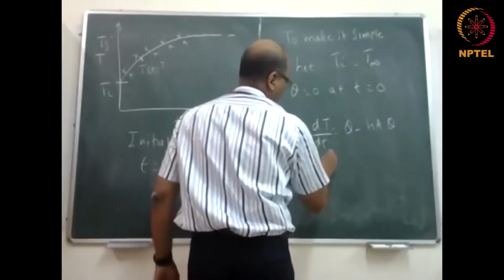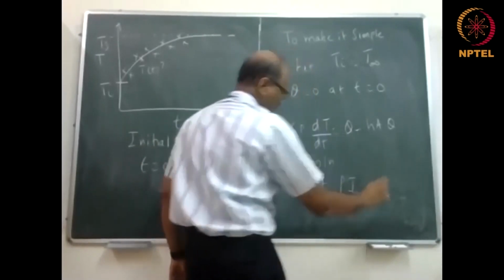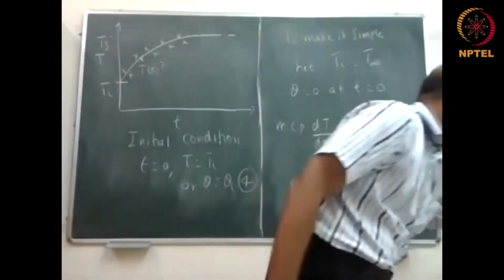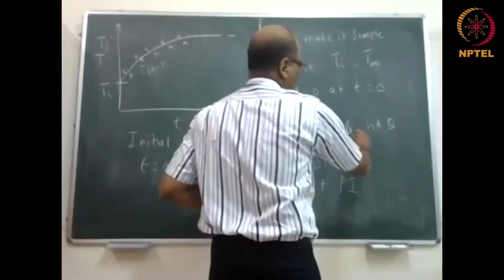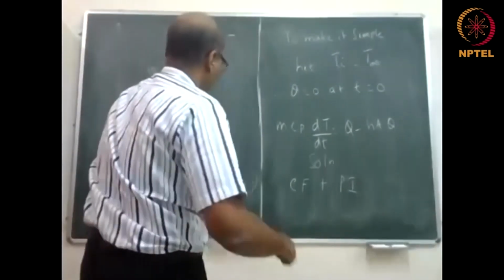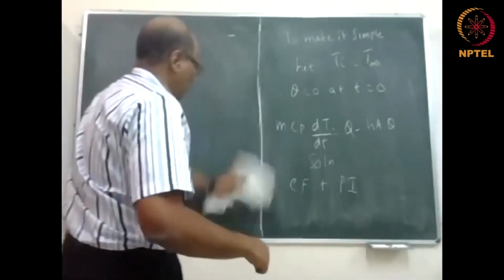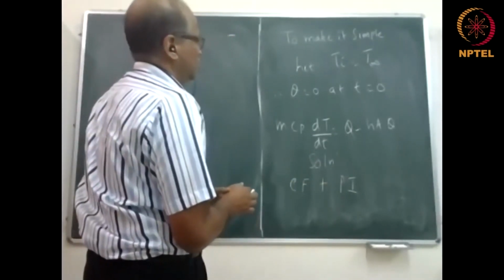The solution consists of two parts: the complementary function plus the particular integral. The complementary function is obtained by setting the Q term equal to 0. This you must have studied somewhere in maths. I hope all of you know that. Even if you don't, no problem, you can figure it out from what I'm saying now.